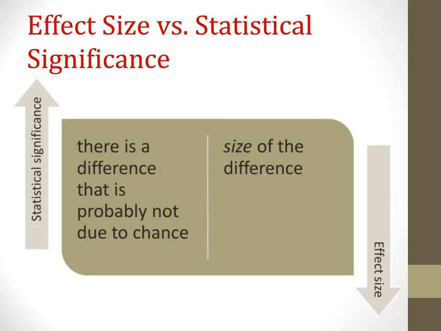If you gain a sample that's large enough, then you'll always have statistical significance. Now, one factor that's not affected by n, so it doesn't matter if the n gets larger, is effect size. And this is especially true with indexes of d and r, which we'll talk about in a moment.